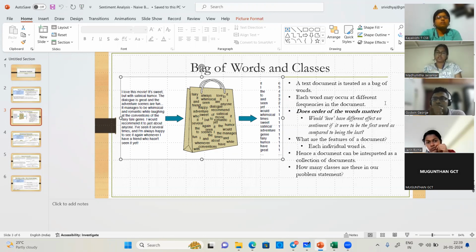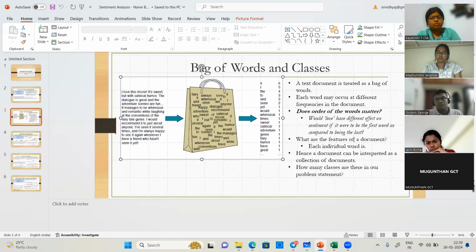So I'm not bringing all that to the picture, but in a very trivial way, in a typical sentiment analysis, especially say movie reviews, I wouldn't care if the word love popped up at the start of the sentence, or at the end of the sentence. It wouldn't really matter to me, right?